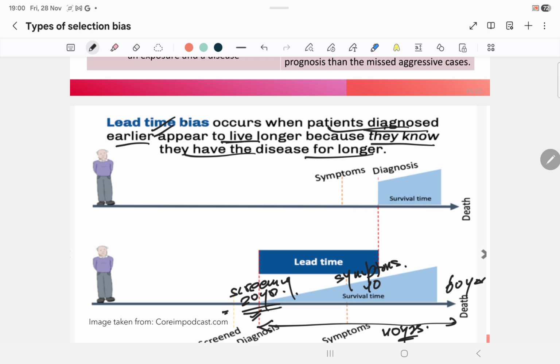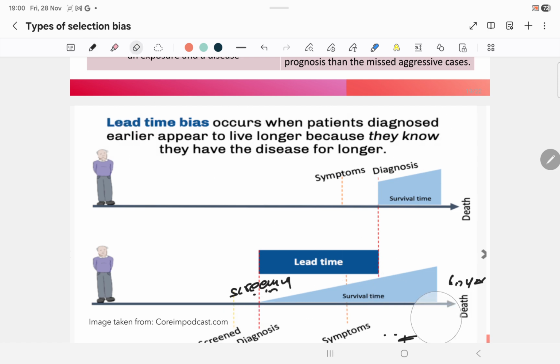But if you would not have done the screening, he would have got to know about his disease at 40 years because symptoms are developing at 40 years. So he will think that I have lived only for 20 years. So there is an illusion that I am living longer because of the screening. So that is called lead time bias. I hope this is clear.